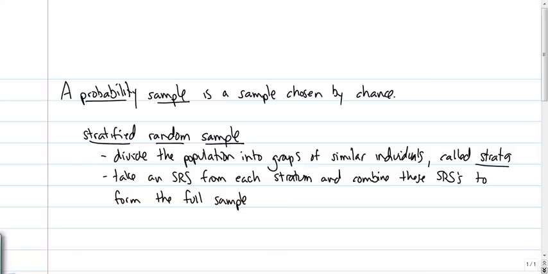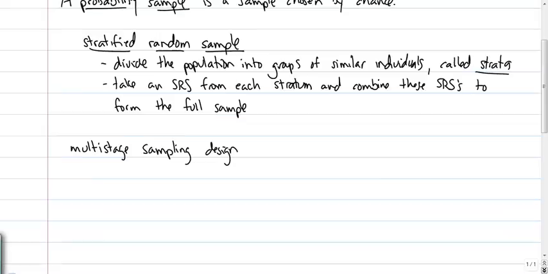Another more complex design might be what's called a multi-stage sampling design. As the name implies, in a multi-stage sampling design, what we're going to do is have multiple stages to our sample design. Instead of maybe one SRS, or taking a stratified sample from groups and just doing one stage and combining them, there must be multiple stages.